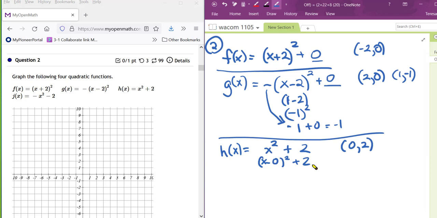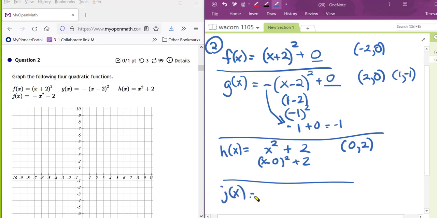And this one is going to be the same way, the last one. J of x will be negative x squared. It just has a negative out in front. All right, so it is x minus 0 squared minus 2. So it will flip upside down. Its vertex will be 0, negative 2 for the vertex.